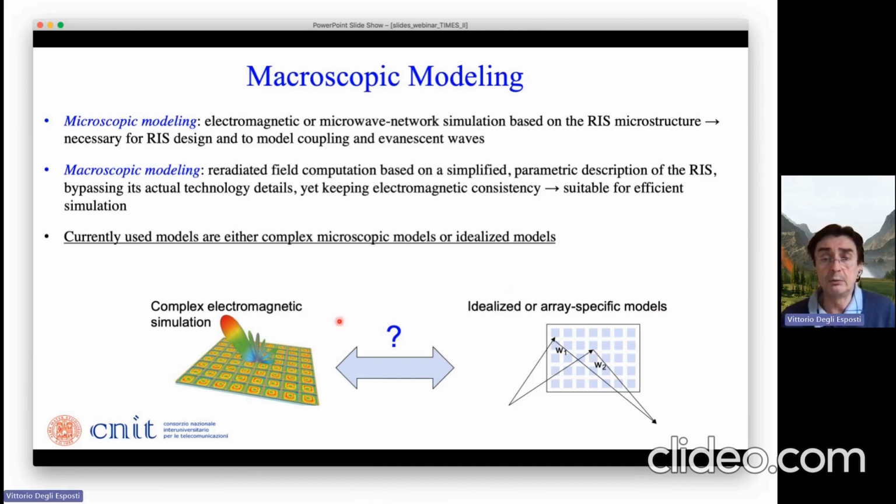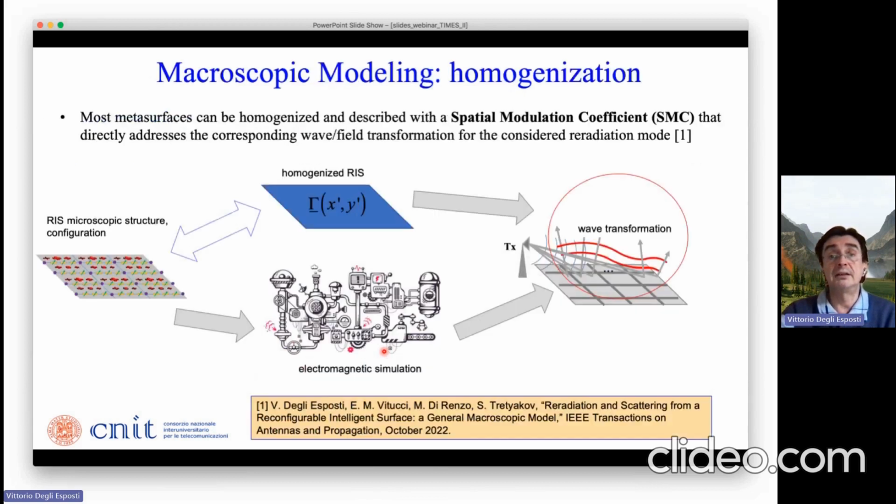So is it possible to have something in the middle? Something that's simple enough for efficient simulation and yet electromagnetically consistent? So that's what we have tried to do.